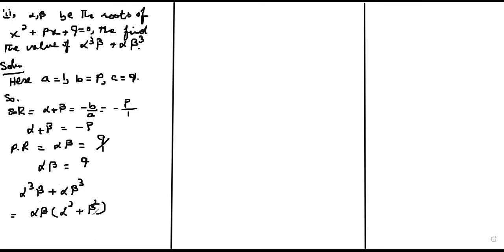We just use the formula of alpha square plus beta square is alpha plus beta the whole square minus 2 times alpha beta, right?